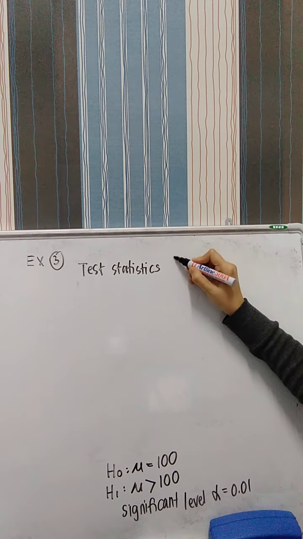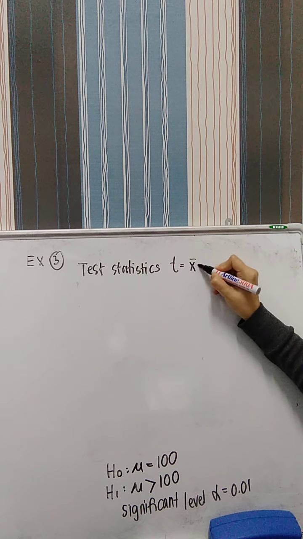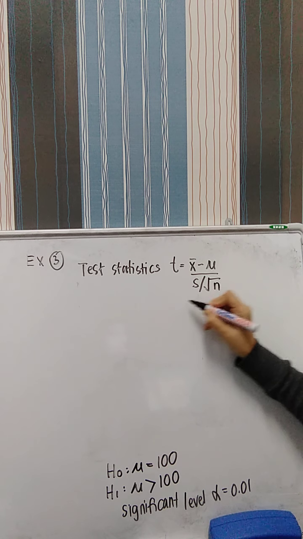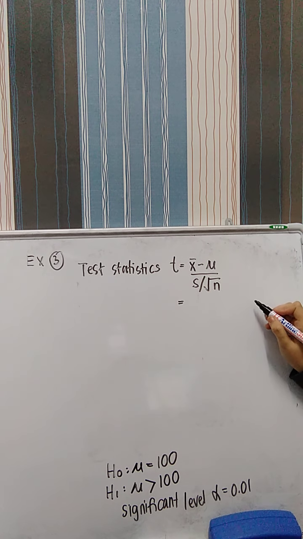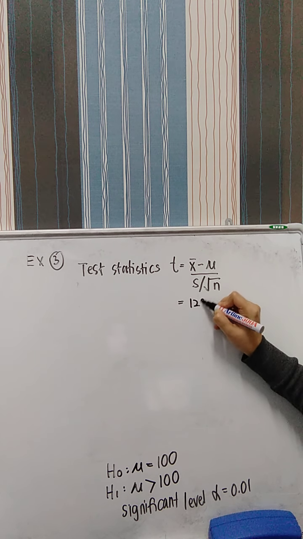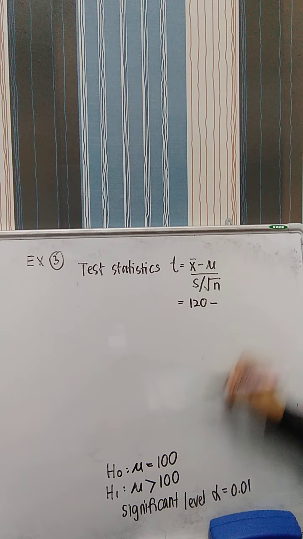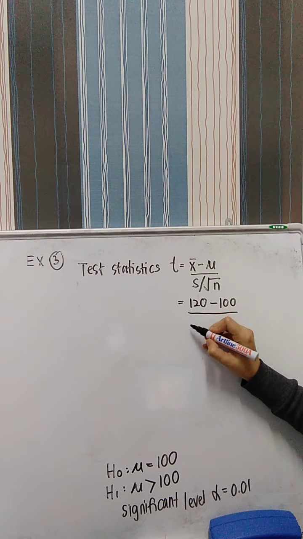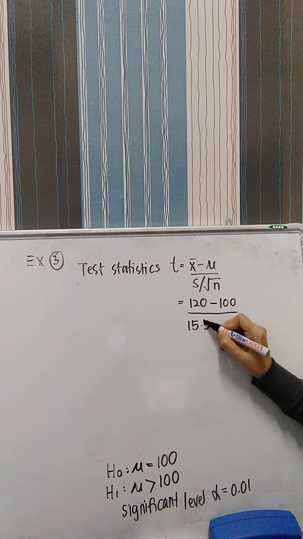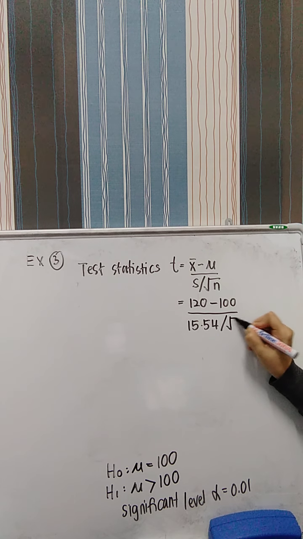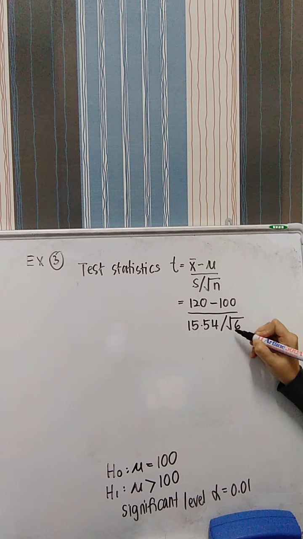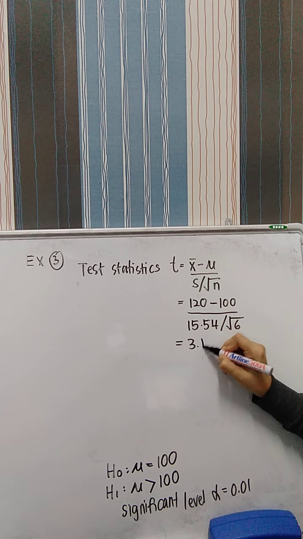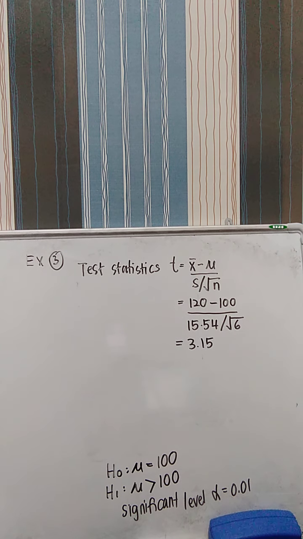Using t equals x bar minus mu over s divided by square root n. The x bar you already calculated before, the answer is 120, minus mu. Mu here is 100, and the s you calculated is 15.54, divided by square root n. The n is 6. Okay, calculate. So the final answer is 3.15. This is the test statistic.